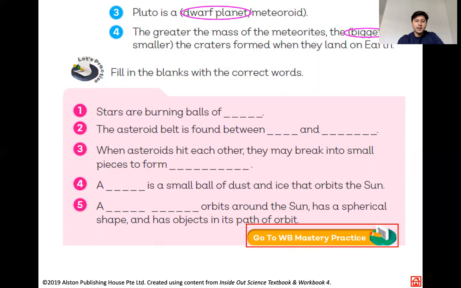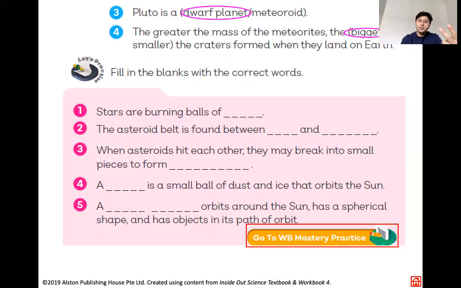Number 5, a dash and dash orbits around the sun, has a spherical shape, and has an object in its path. I think it's dash and dash. There are only two things which orbit the sun, or actually three things which orbit the sun. One is planet, another one is dwarf planet, and another one is asteroids.